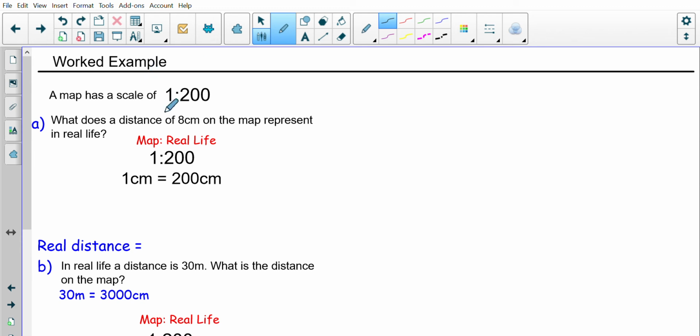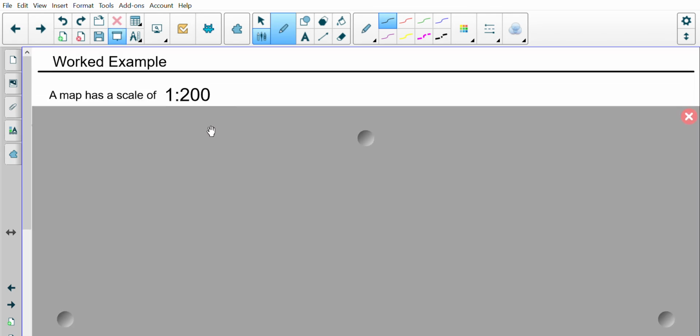So here's an example as to how we use ratios for map scale. So let's just have a look at it bit by bit. A map has a scale of 1 to 200. So this is giving me the scale of the map, and it's saying that one section of length on the map represents 200 sections of length in real life.